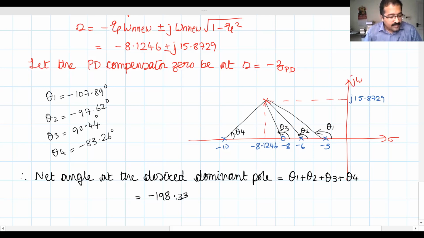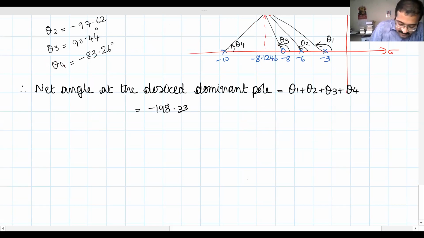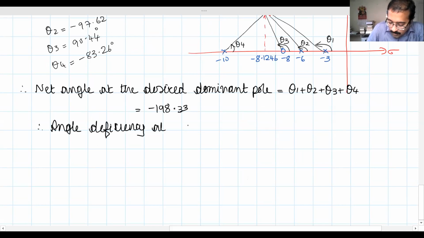Okay, minus 198.33. So it is evident it is not on root locus. It has to be made to lie on the root locus. So what's the condition for that? The net angle should be 180 degree. So how much is the angle deficiency here? Therefore, angle deficiency at the desired dominant pole.